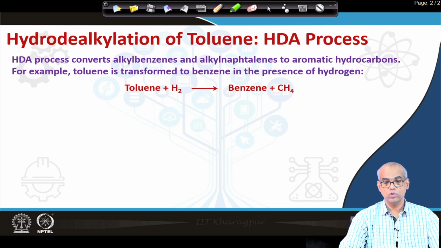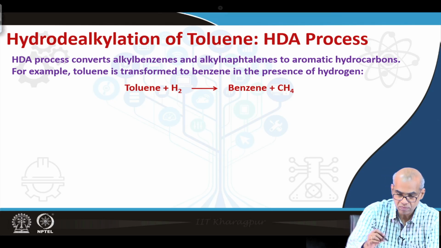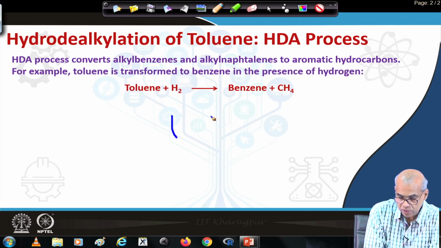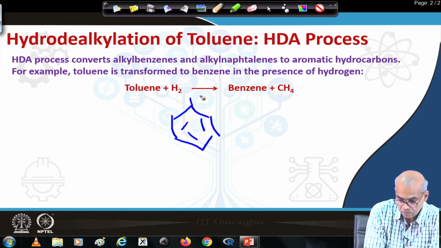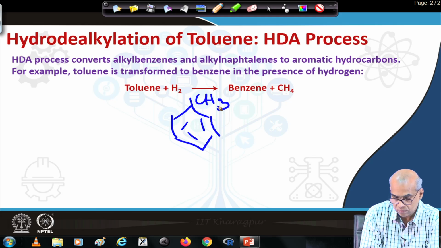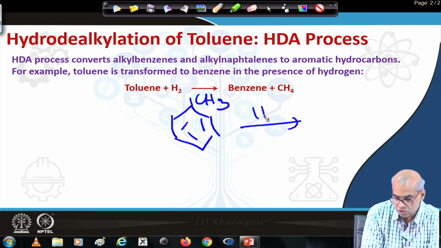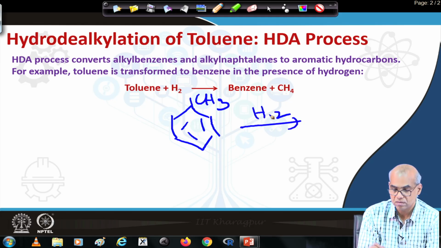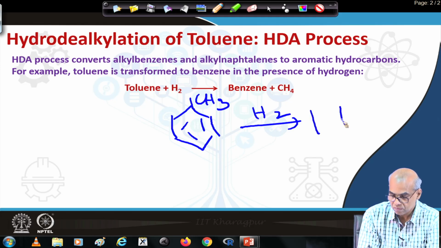So, toluene reacts with hydrogen to produce benzene and methane. So, if you consider toluene, you add hydrogen, this CH3 group goes and you get benzene plus methane.